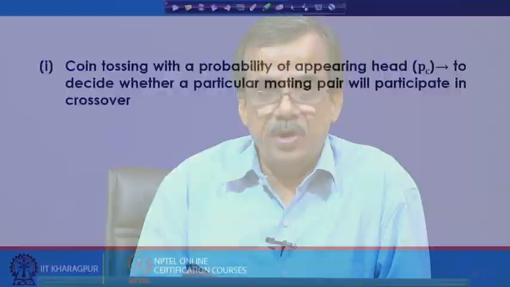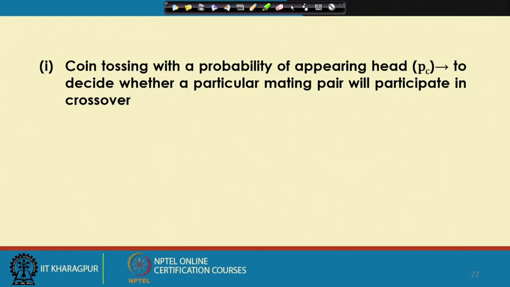Now, suppose that the probability of crossover is 0.8. To implement this, we take the help of some sort of coin tossing. How do we implement coin tossing in a computer program? We use a random number generator, which will generate a number lying between 0 and 1.